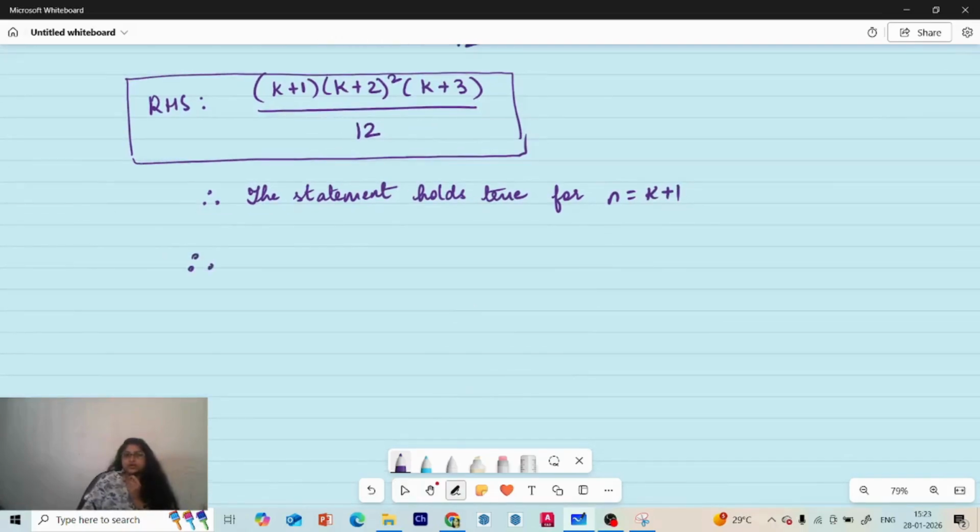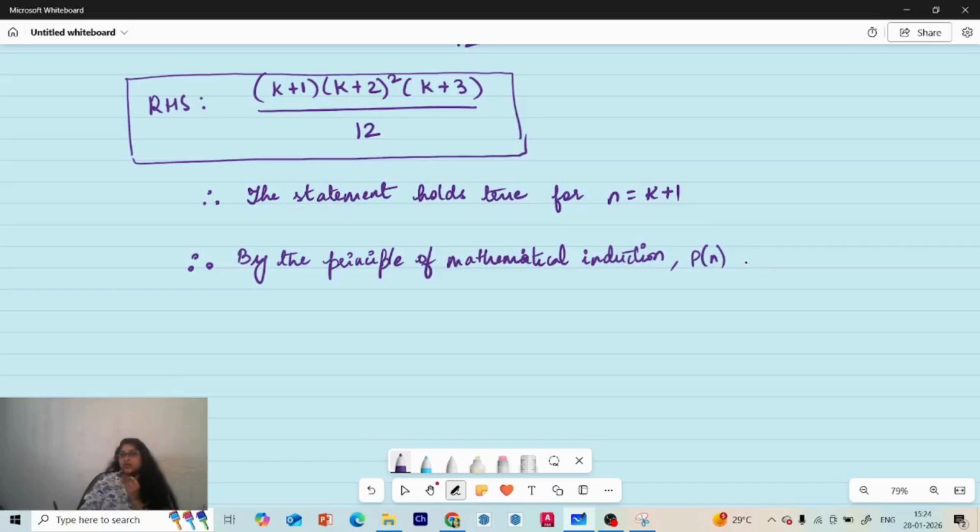Now the conclusion. Therefore, by the principle of mathematical induction, P of n holds true for all n belongs to natural numbers.